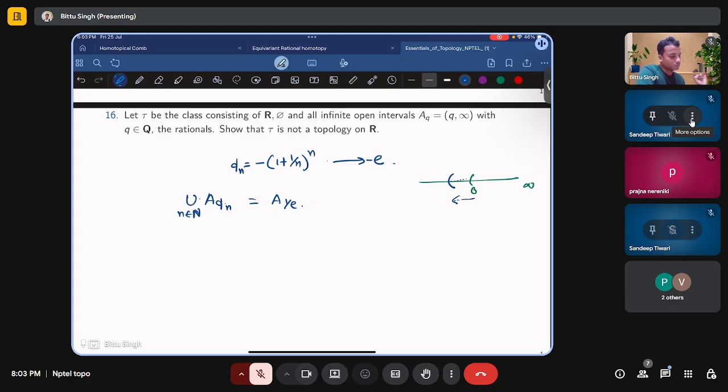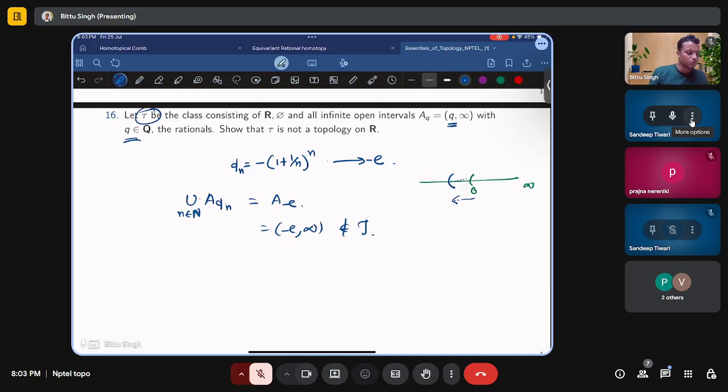Now it converges to minus e, but minus e does not belong to tau, because by definition it would look like (minus e, infinity), but minus e is not allowed because q belongs to the rationals and e is not rational, so this does not belong to tau.